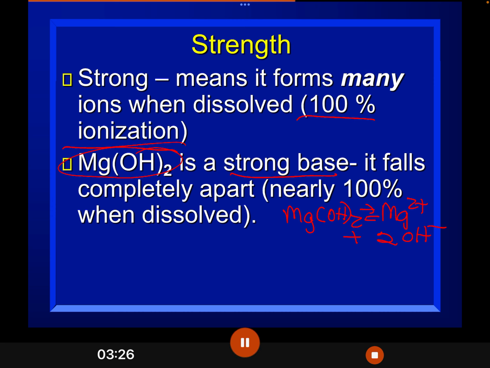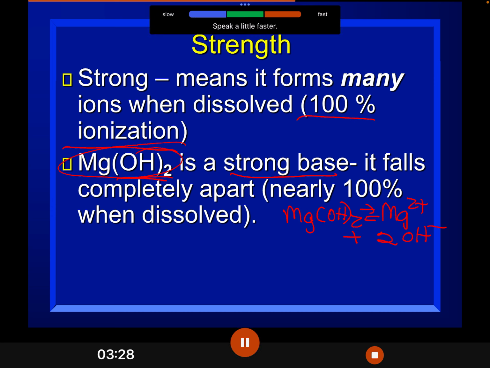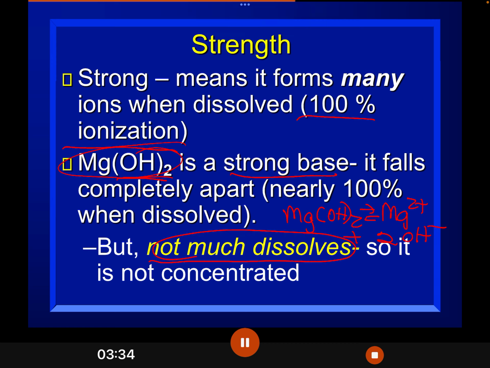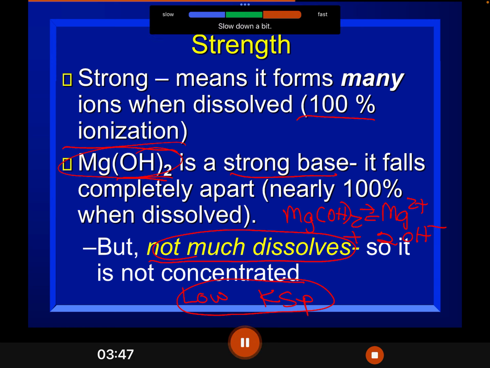You can see that it's got the 2 OH-. But not much dissolves, so it's not very concentrated. So this would have a low Ksp. The bases are a little bit harder to figure out, but we don't have to worry about them. Just look at the strong acids as those that are listed on your periodic table.